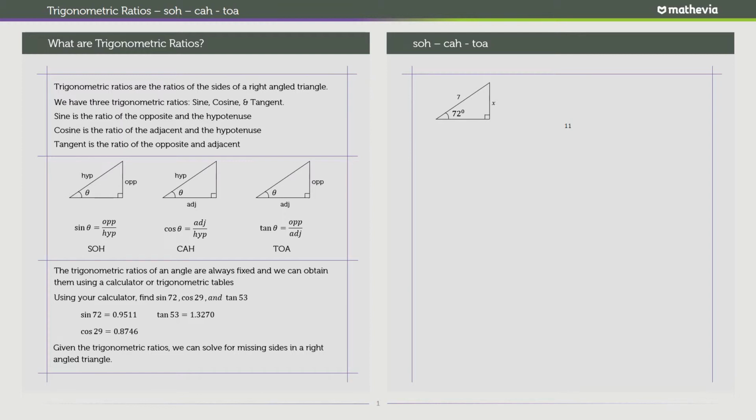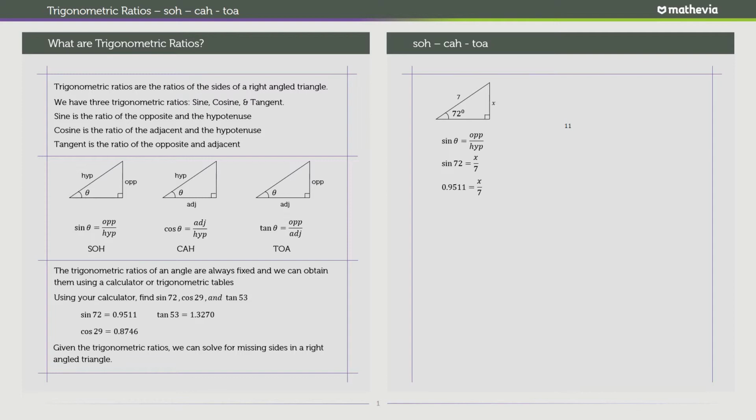Here's something interesting. In this triangle we have 72 degrees, and we're given the hypotenuse, 7, and we're looking to find the opposite. The opposite is missing, it is x, and for the relationship between the hypotenuse and the opposite, we make use of sine. The sine of the angle is opposite divided by hypotenuse. So sine 72 is x divided by 7.